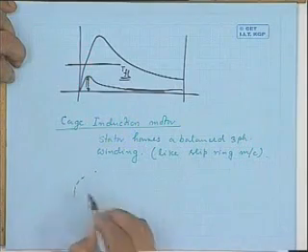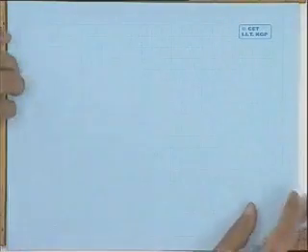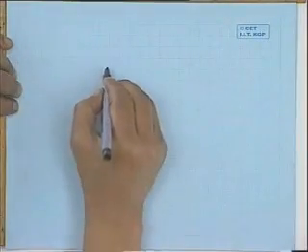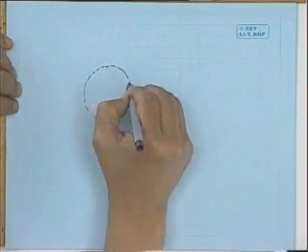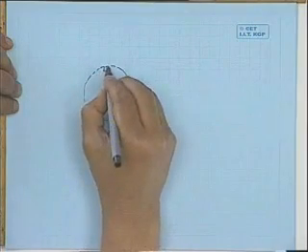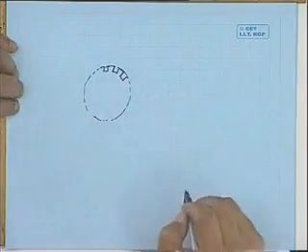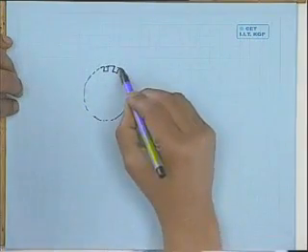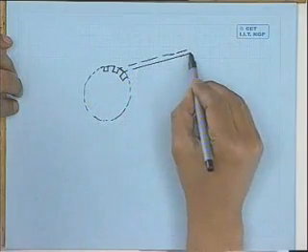First, I will tell you how it looks. See, it looks this way. I will draw here. Suppose this is the rotor, with slots all along the periphery.